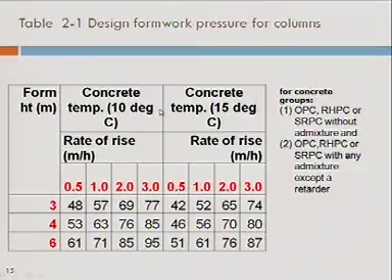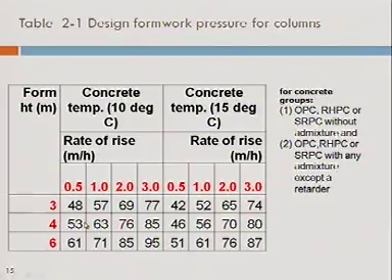This table shows two temperature values, 10 degrees Celsius and 15 degrees Celsius. The rate of rise I have varied from 0.5 to a maximum of 3. In between values I have taken as 1 meter, 2 meter. You can have different rates of rise according to your design, and accordingly these values will change.